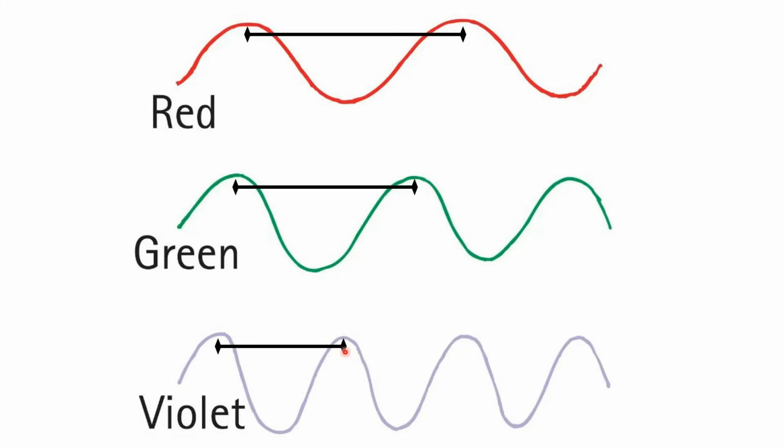I need to compare this wavelength distance for visible light to the size of an individual atom. If you remember, I said that an individual atom has about the diameter of an angstrom. This is the symbol for angstrom, and it means 10 to the minus 10 meters. In other words, if you take a meter and divide it by 10 billion, that's an angstrom.